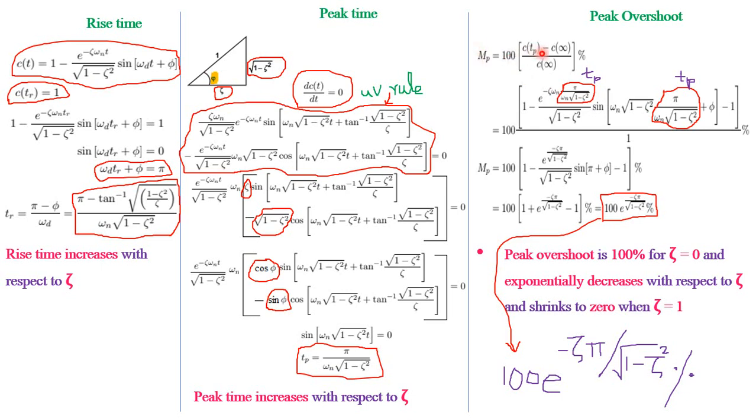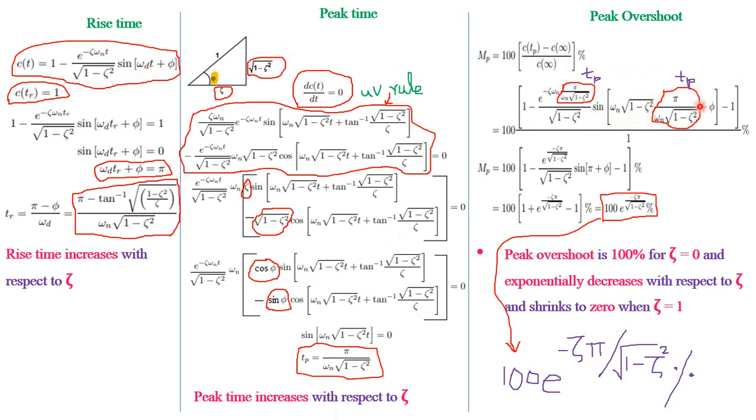So overshoot is C of Tp minus C of infinity by C of infinity into 100%. So the C of t expression we know, 1 minus e power minus zeta omega n t by root of 1 minus zeta square, then sine of omega d t plus phi. Omega d is omega n root of 1 minus zeta square, into t.